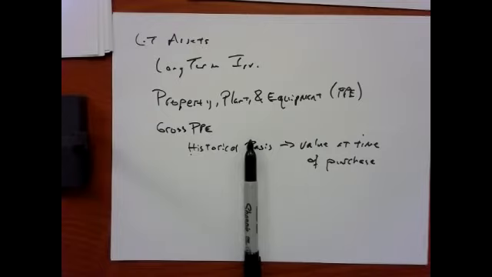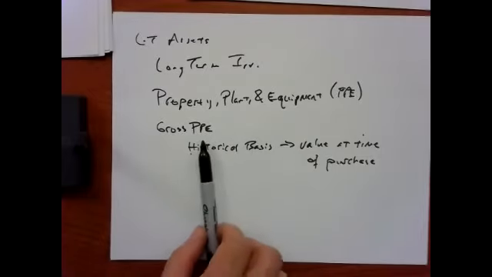If we were building the university's balance sheet, my laptop would be an asset for them, and it would be a long-term asset because they expect me to use it for like 3-4 years. So it's not going to be used up in 1 year, so they're not going to expense it or have it be inventory or a current asset. Because it's expected to last more than 1 year, it's a long-term asset, specifically property, plant, and equipment.